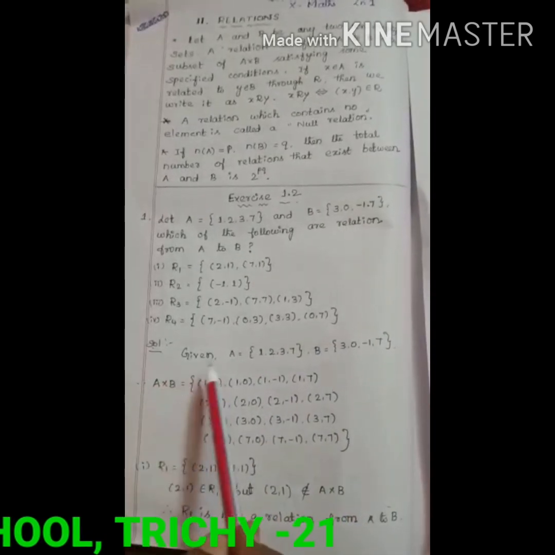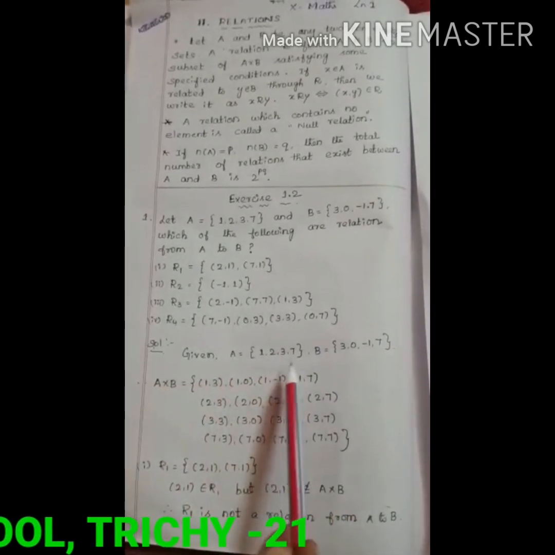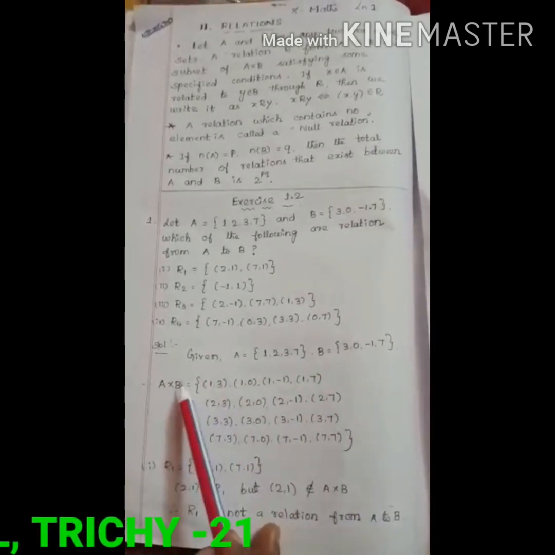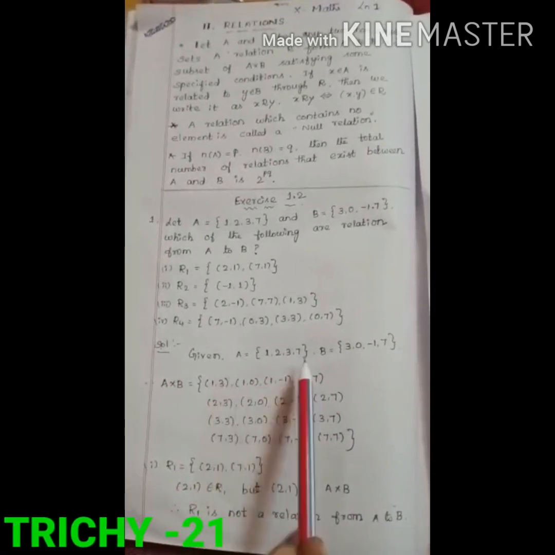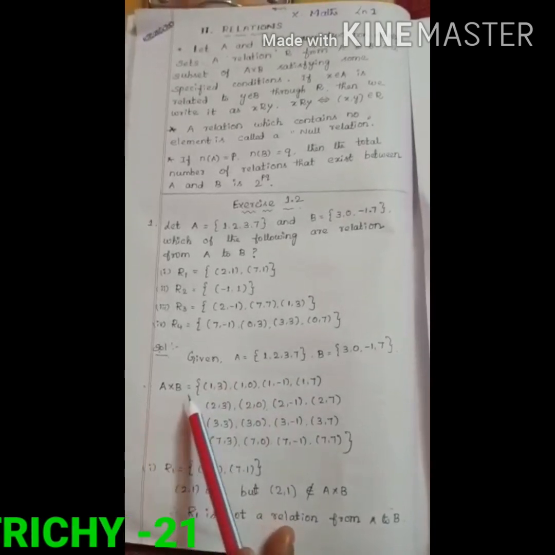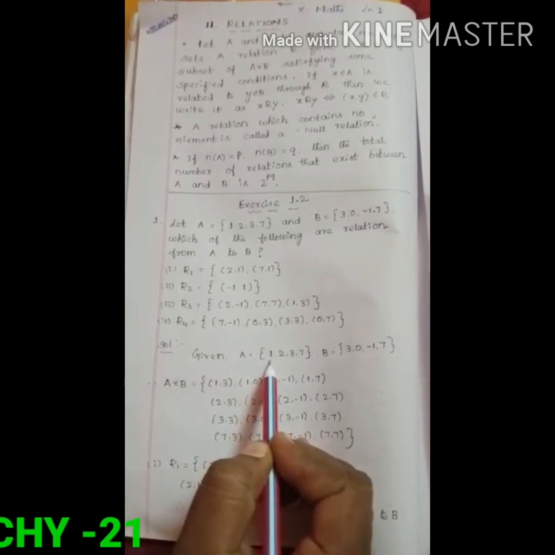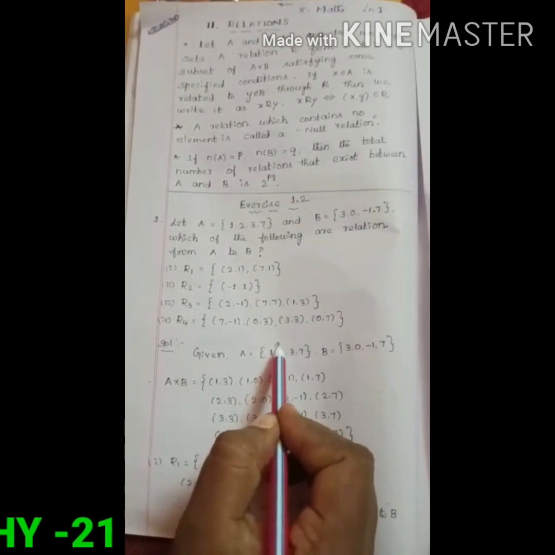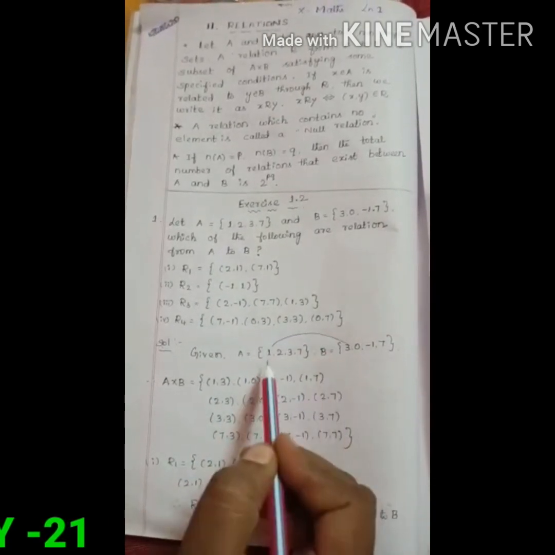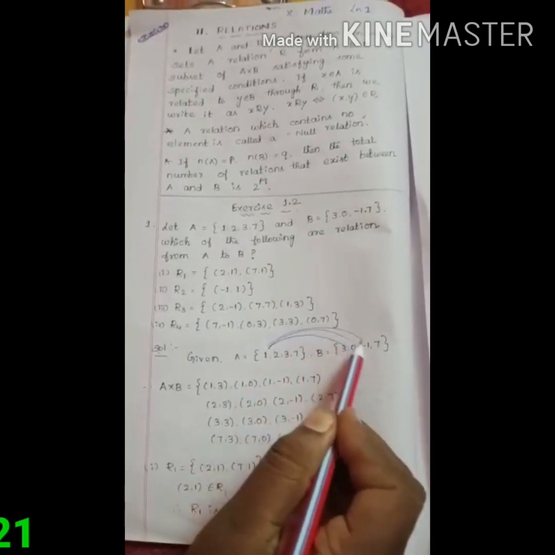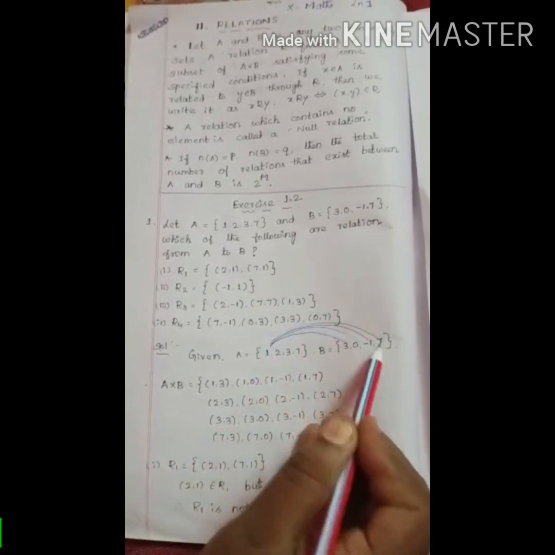Solution: given A is equal to {1, 2, 3, 7}, B contains 3, 0, minus 1, 7. We find the Cartesian product of A and B. So A cross B is equal to the set of ordered pairs. For the first element 1 in set A: (1, 3), (1, 0), (1, -1), (1, 7).